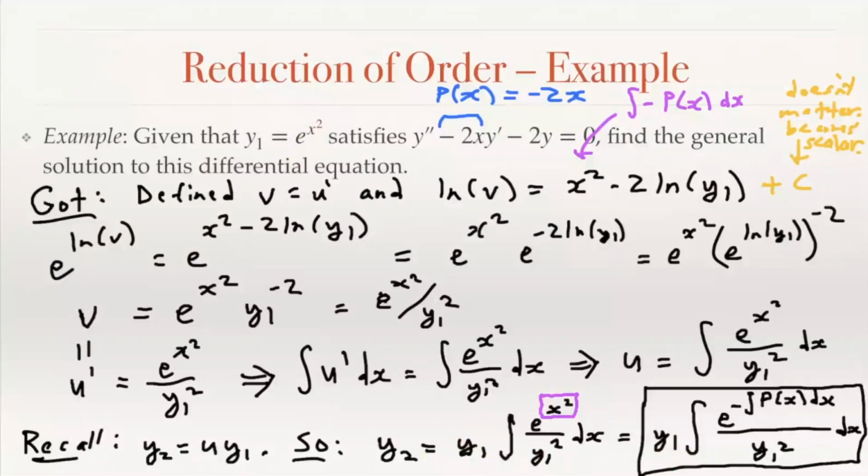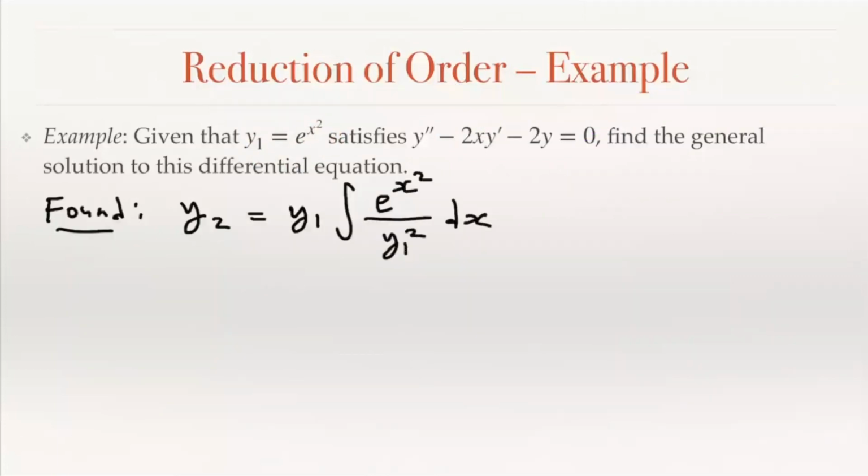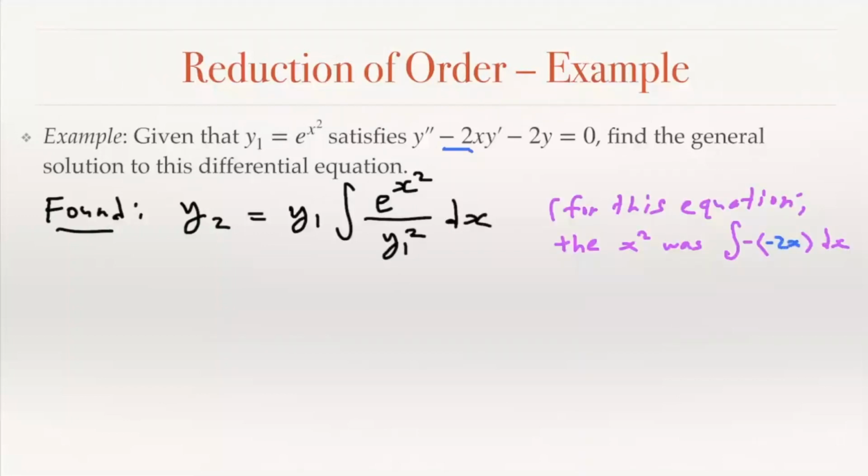And now that we have this, we can find our other solution. And we have our y1 as e to the x squared. So all we'll do is we'll put e to the x squared there. And then we have our other solution, and the general solution is c1y1 plus c2y2. So we found that y2 is this for this equation. That x squared there, we got that from taking the integral of negative 2x dx.